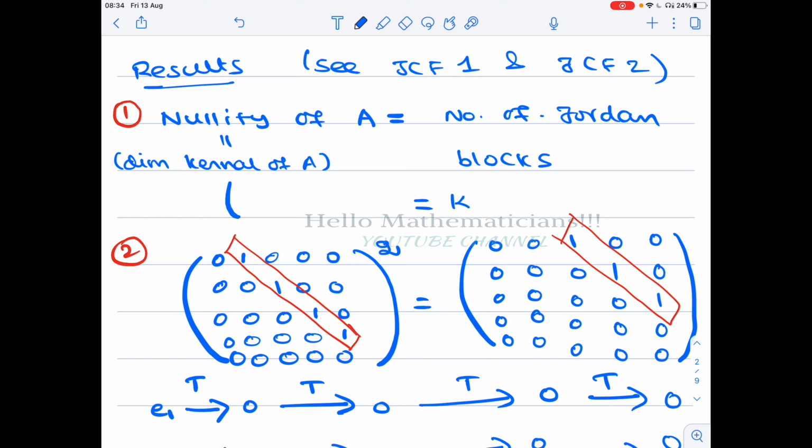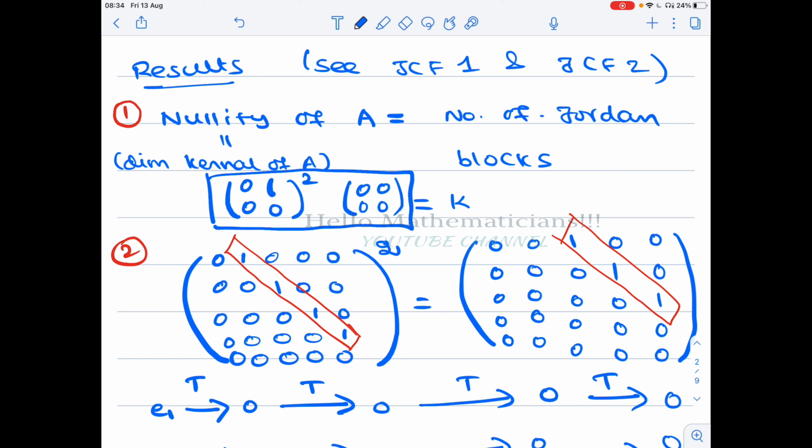So this is 0 1 0 0. This is the size 2 Jordan block. If you calculate its second power, you will get 0 0 0 0. So even if it is a size 2 block, you are getting that nullity is increased by 1. Here nullity is 1, but here nullity is 2. But if it is a size 1 block, then when you calculate its power, nullity will not increase.